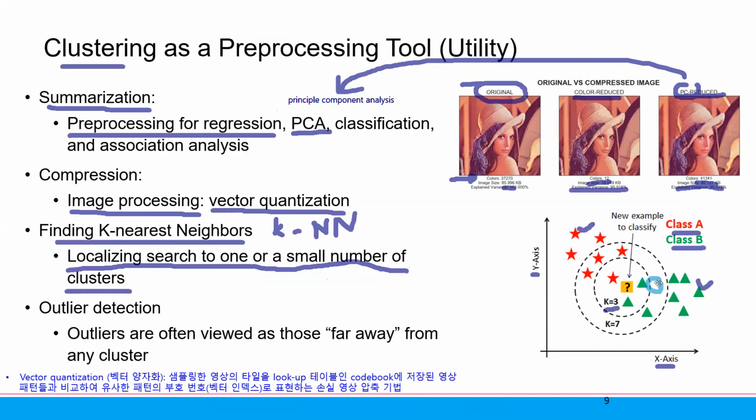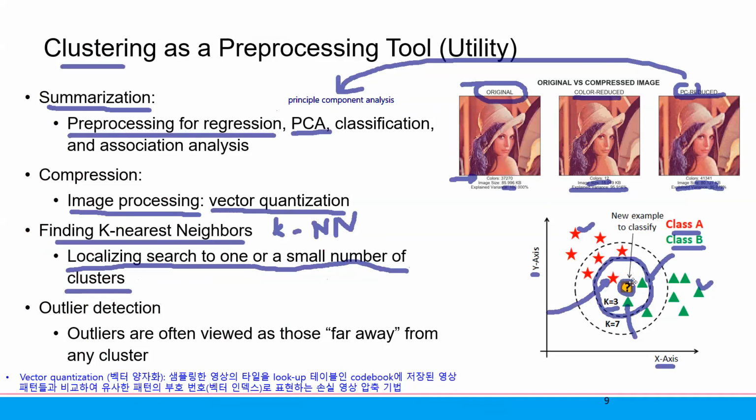So if you are the data analyst, what would be this class? If you look at this one, there are two triangles in the range of this circle, and there is one star. Then if you understand the voting mechanism, 2 is higher than 1.